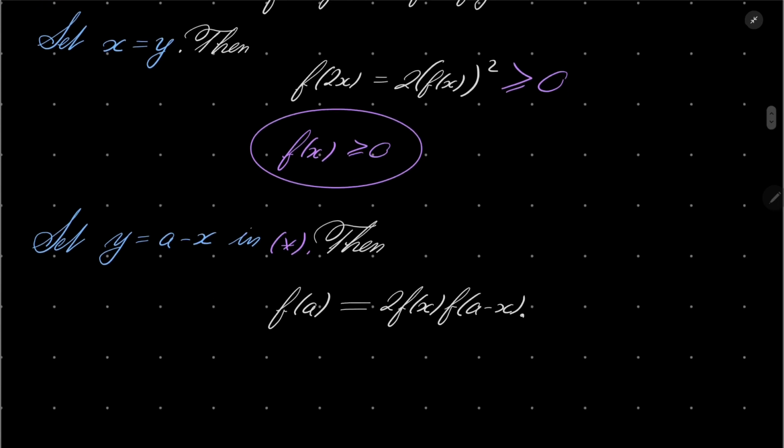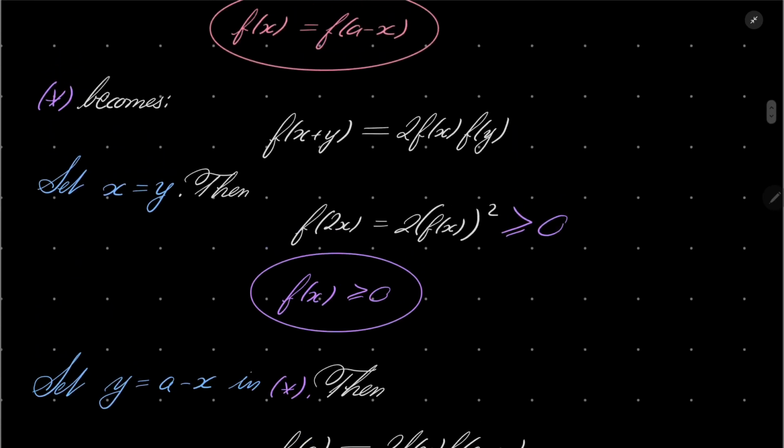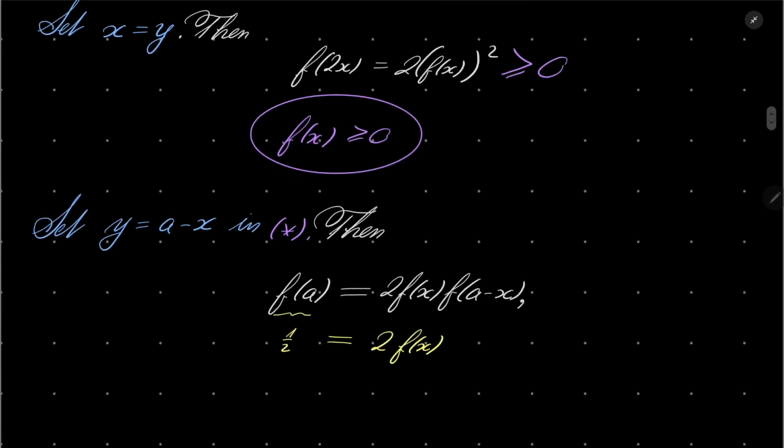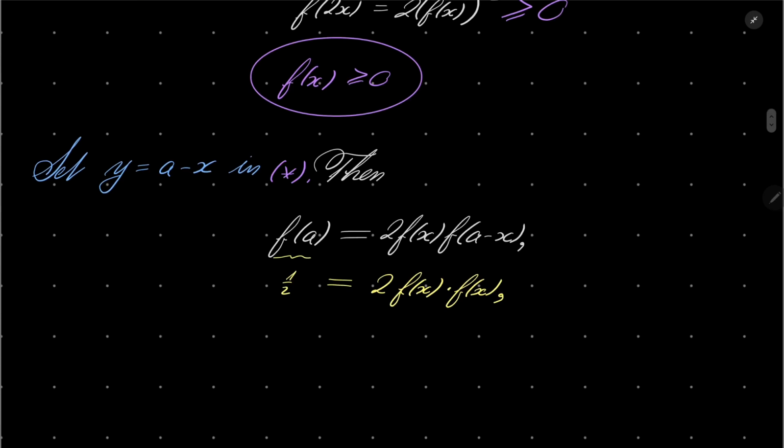But now here we have 1/2 equals 2 times f of x. And what is f of a minus x? Well, f of a minus x, as we know, is f of x. So 1/4 equals f of x squared.